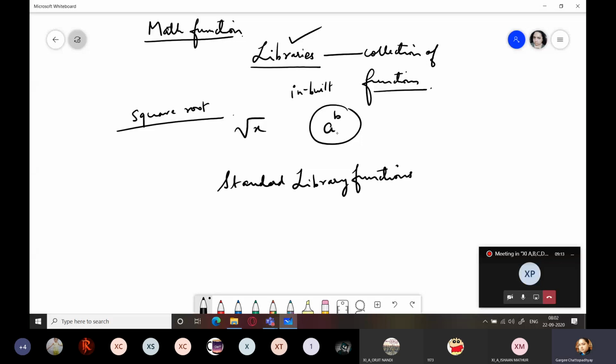Standard library functions. They are inbuilt. Okay, so you don't need to write the definition, that is you don't need to write a separate program for calculating square root. All you need to do is just use that function in your program. Okay, so we will be studying about a few commonly available mathematical functions which you can use in your expressions to form your Python expressions.